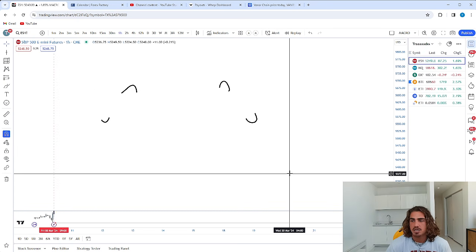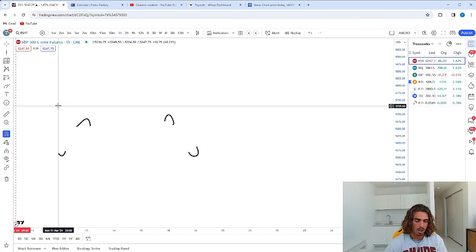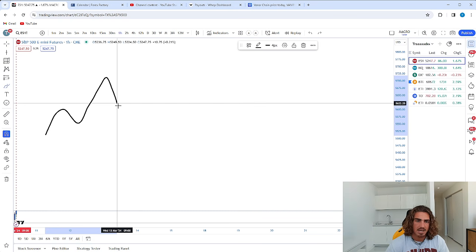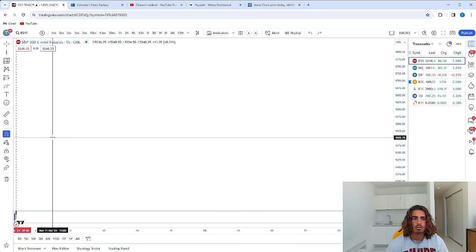It's literally just the higher high and the higher low within the uptrend. So if we think about, okay, that was horrible. Let's redraw this and be normal.